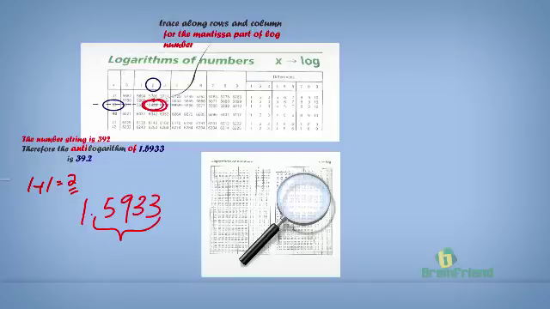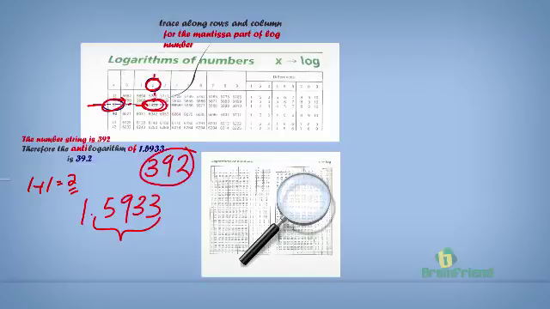We just do a trace up to get our third digit as 2. We do a trace horizontally along our row to get our first 2 digits as 39. So we have a number string of 392.